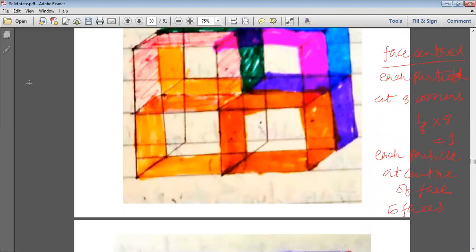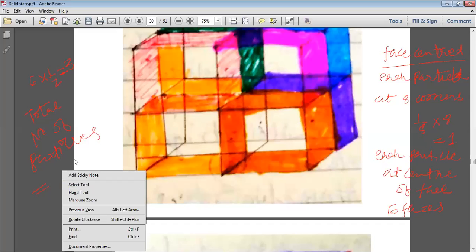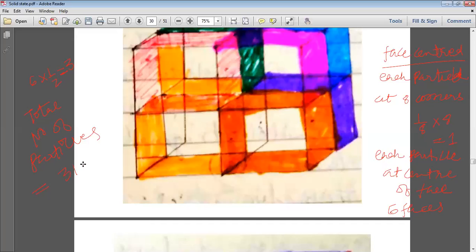So the total number we can calculate as 6 multiplied by 1 by 2, that is equal to 3. Therefore the total number of particles is 3 plus 1, that is equal to 4.